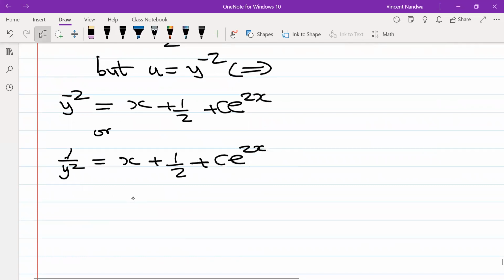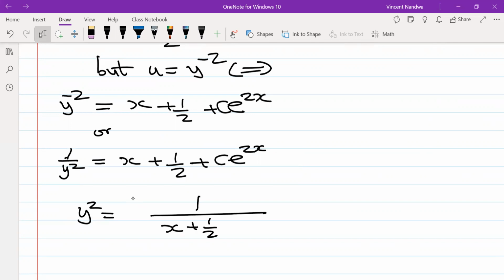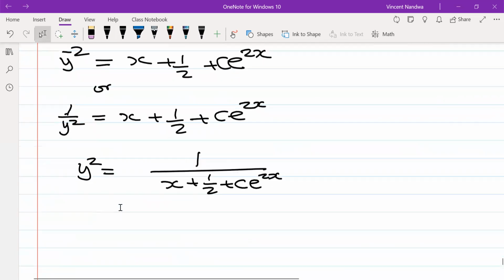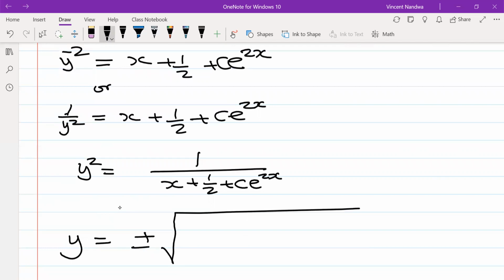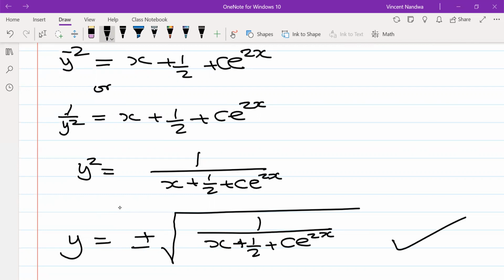Or you can say y squared equals to 1 over x plus a half plus c e raised to power 2x, which means that y will be plus or minus square root of 1 over x plus a half plus c e raised to power 2x. So that will be the solution.